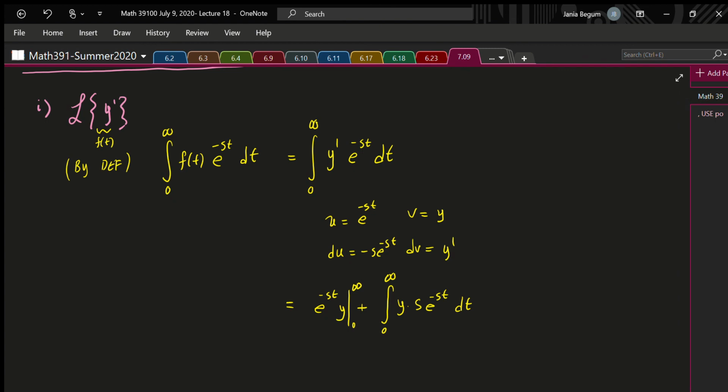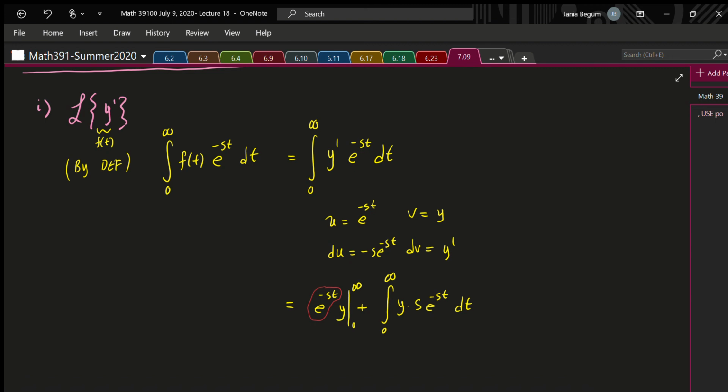So for the first half, we have to evaluate from 0 to infinity. I'm ignoring the limit part, but you should be writing this as a limit. I'm ignoring it just for simplicity and less writing. So if I plug in infinity for the exponential term, what happens? It goes to 0.